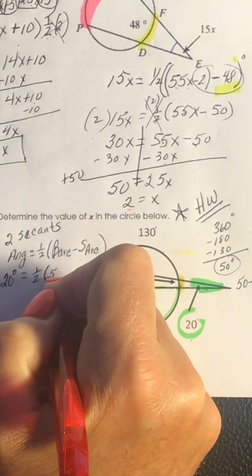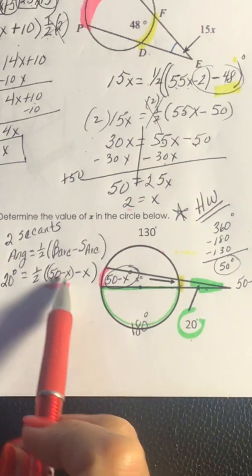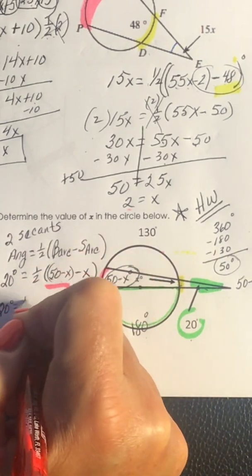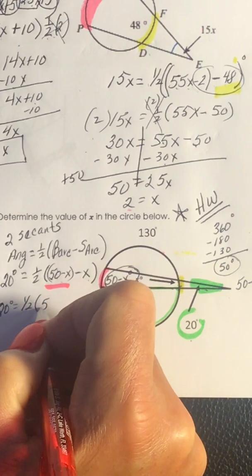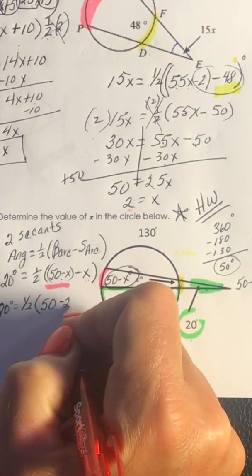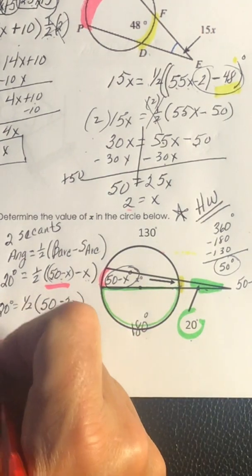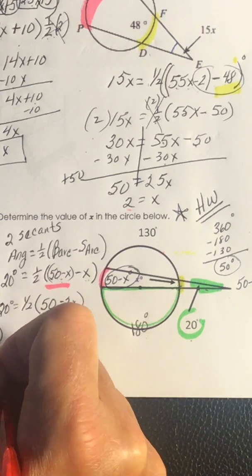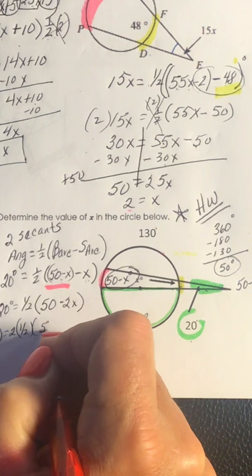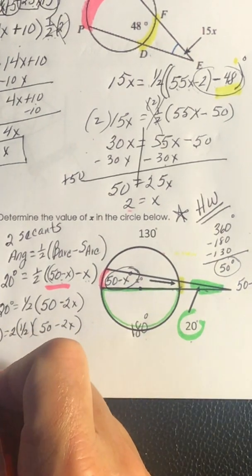So this is 50 minus x minus x. So we end up with 20 degrees equals 1/2 times 50 minus an x and minus an x, that's minus 2 of those x's. And then multiply both sides by 2. All right, and 2 times 20 is 40.